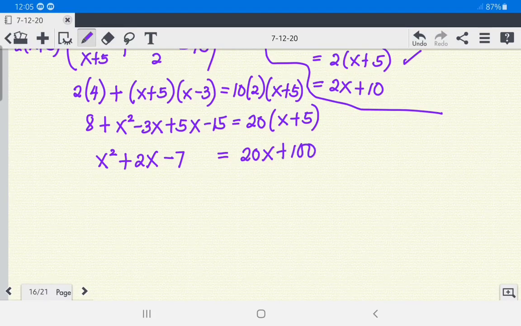Then let us now transpose these two terms to the left side of the equation. Only that change the sign from positive to negative, positive 20x to negative 20x, and then positive 100 to negative 100. But then, use the subtraction property of equality, subtract 20x, and then 100 on both sides of the equation. So, we have here x squared plus 2x minus 7, then minus 20x minus 100 equals to 0.